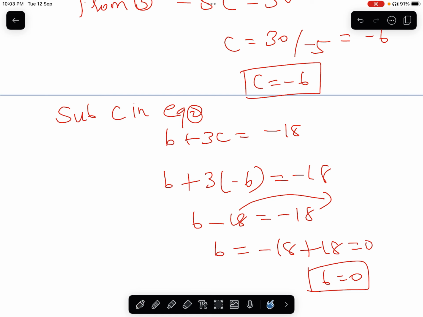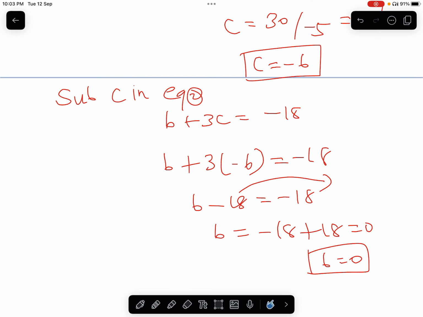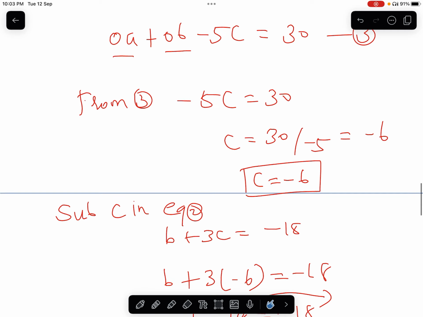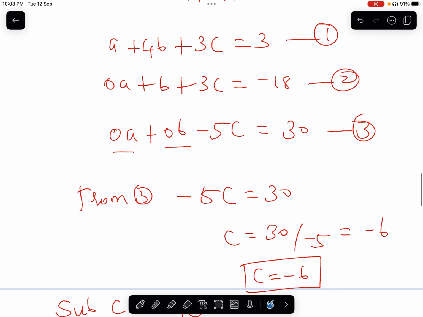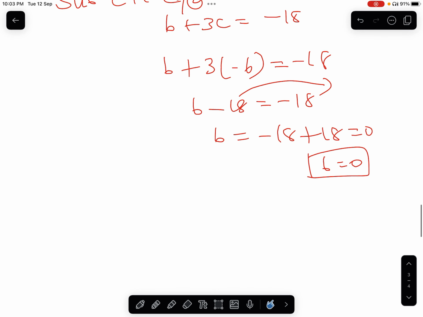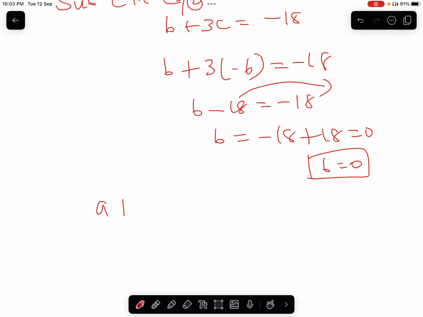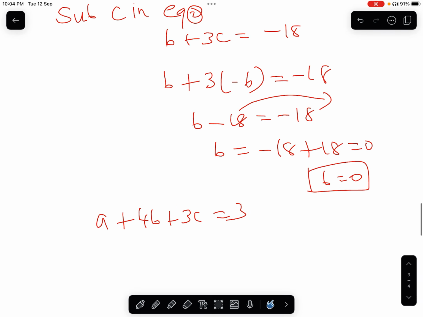Okay, now substituting the values of B and C in equation 1. Let us write equation 1: A plus 4B plus 3C is equal to 3. So A plus 4 times 0 plus 3 times, what is the value of C?